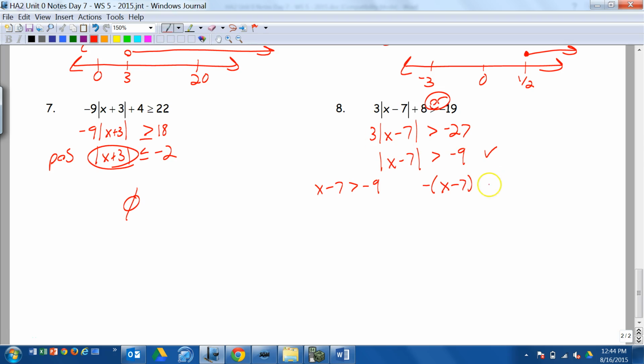So we solve. X is greater than, add 7, negative 2. Oh, this should be an OR. X minus 7 is less than 9. Then we can move that one over. We're already set with this one.